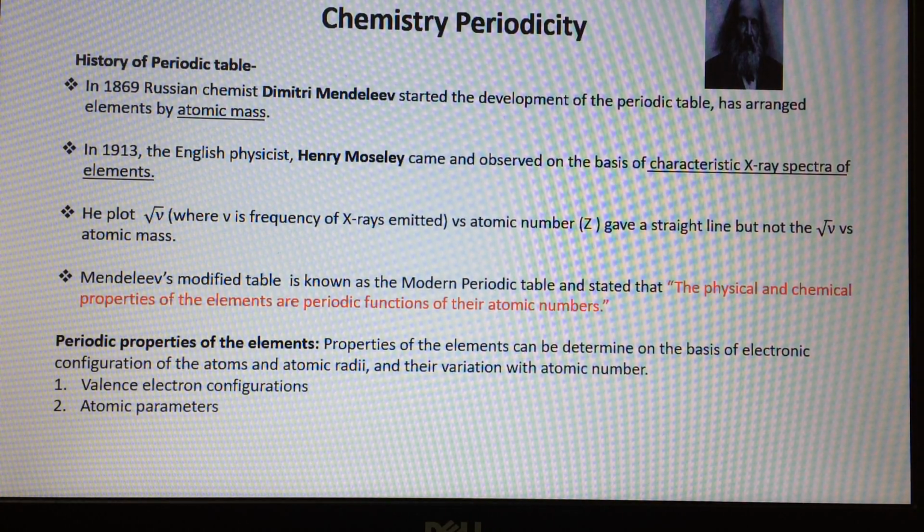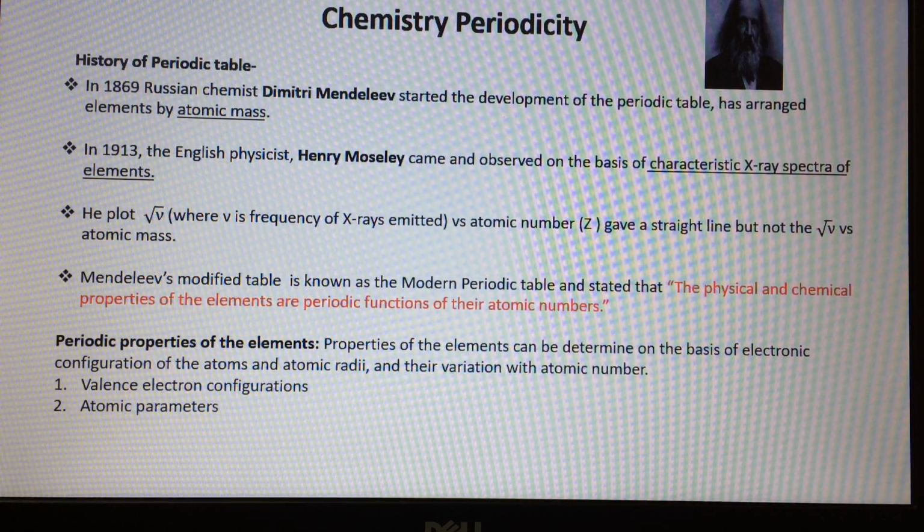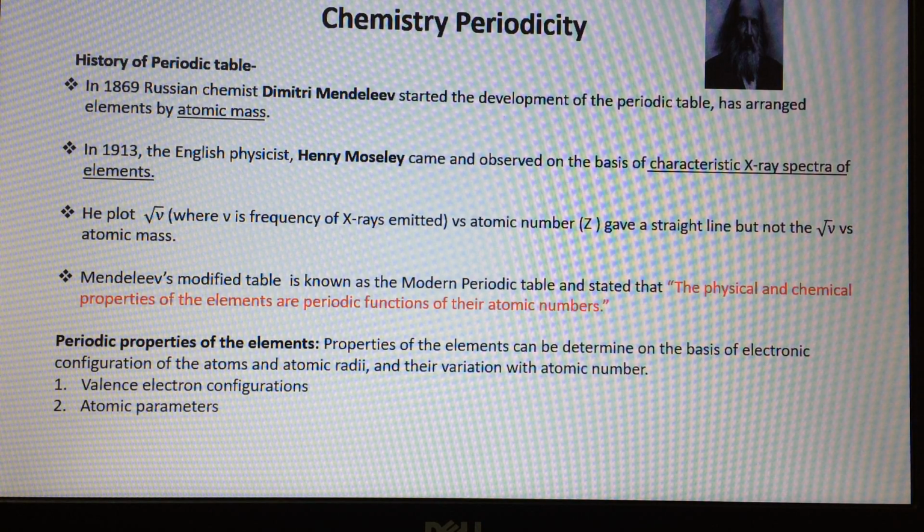In 1869, a Russian chemist first developed the periodic table and arranged the elements by atomic mass.